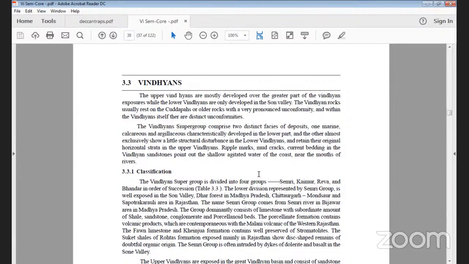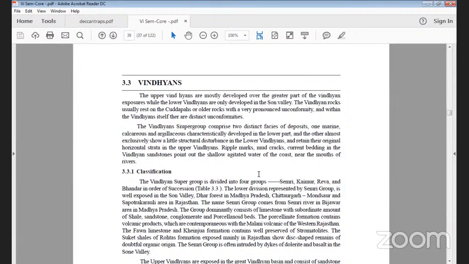The Vindhyan rocks are usually located above the Cuddapah basin, and the Cuddapah basins are called old formations, and there is an unconformity between the two formations. The Vindhyan supergroup consists of two distinct phases of deposits.